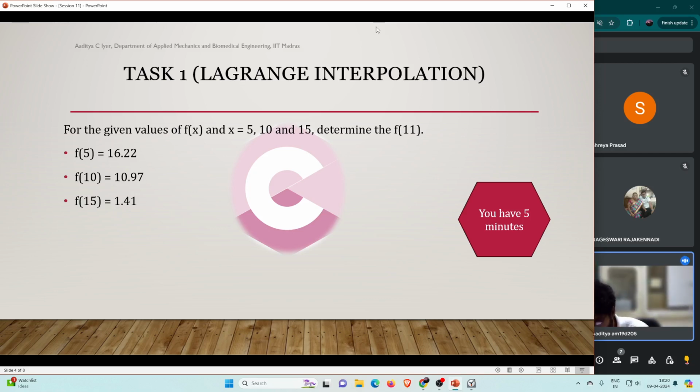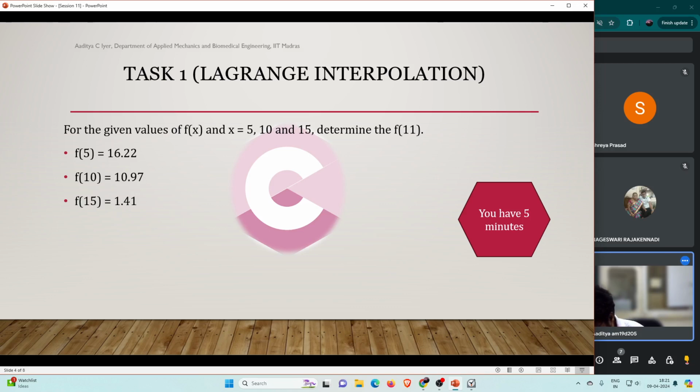So here what I know is f of x at x equal to 5 is 16.22, f of 10 is 10.97, and f of 15 is 1.41.